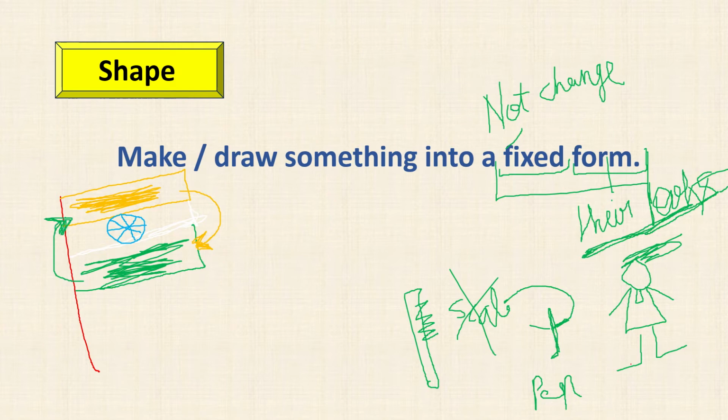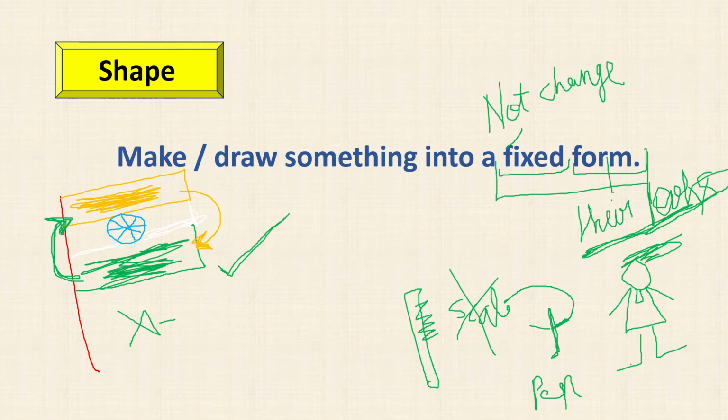Because if we do that, it's totally wrong, and we represent a wrong flag. Because our flag has a fixed form. We can't change it at all. We can't put a green color here and a saffron color there.